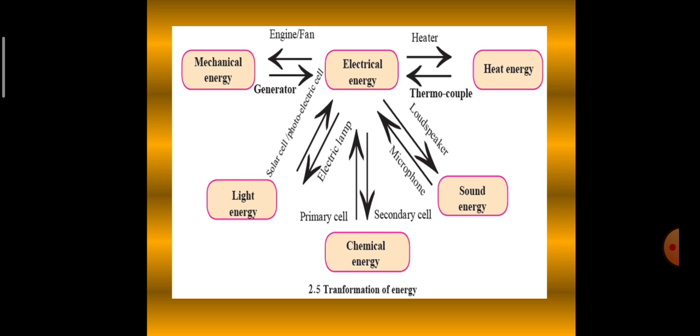Primary cell converts chemical energy into electrical energy. Secondary cell converts electrical energy into chemical energy. Generator converts mechanical energy into electrical energy. And lastly, thermocouple, it converts heat energy into electrical energy.